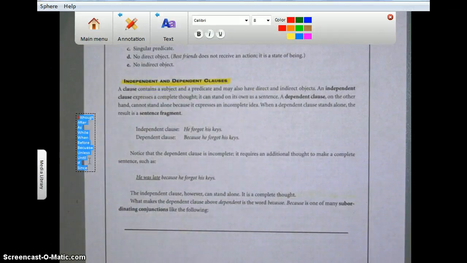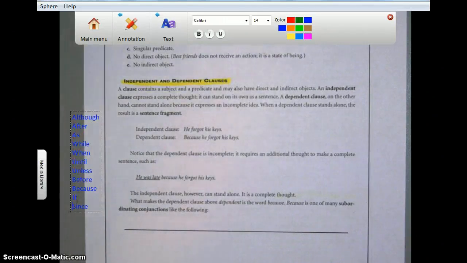Those are your subordinating conjunctions. It will not always have one, but for the most part, you're going to see one there.